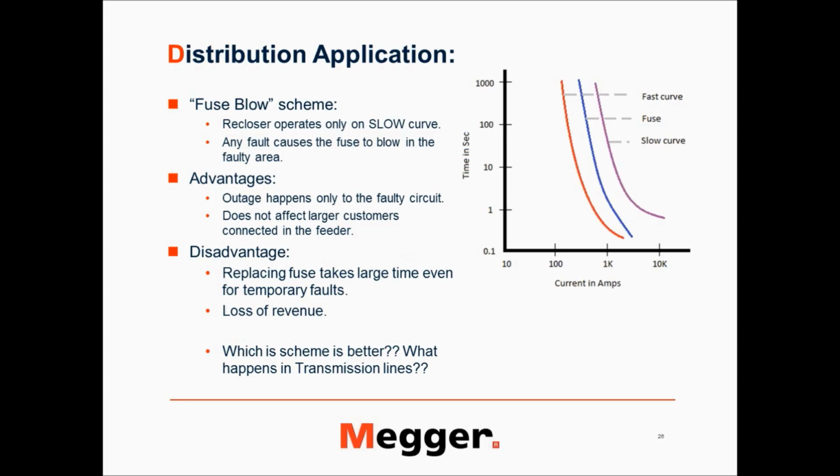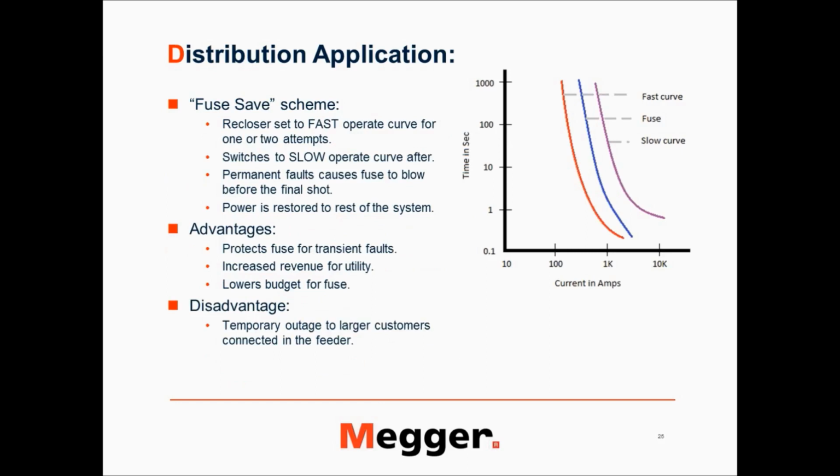Talking about the fuse save scheme, the reclosure is first set to a fast operating curve for 1 or 2 attempts. This blue line is the fuse. So you generally have fuses for all your system. The main discussion is whether you want to save this fuse or you don't care about the fuse and you want to blow the fuse.